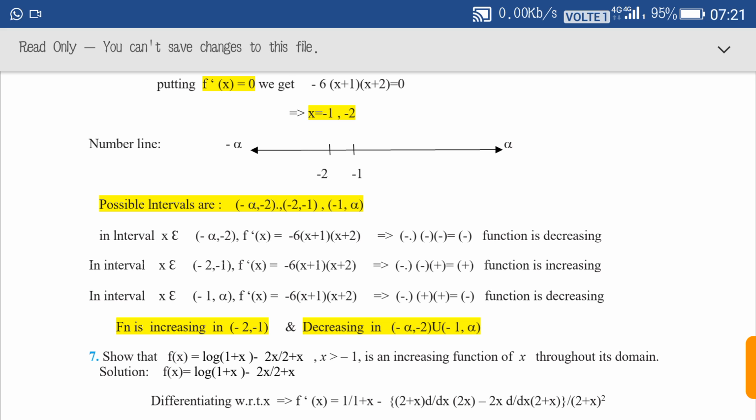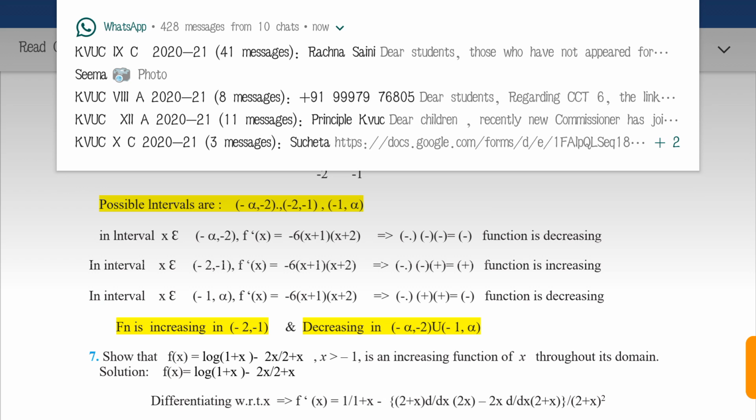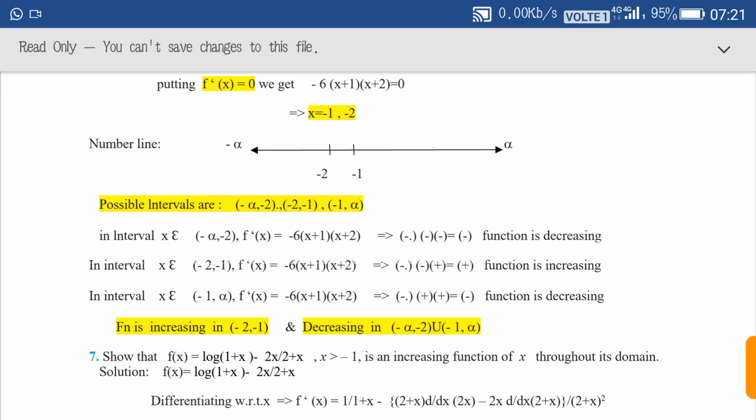If we take values from minus infinity to minus 2, meaning values less than minus 2, just like minus 3, minus 4, etc., you have to check this f dash x. Now you have to write only the sign of the result, as minus 6 has a negative sign.